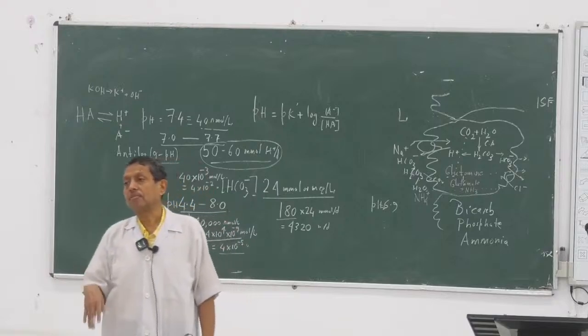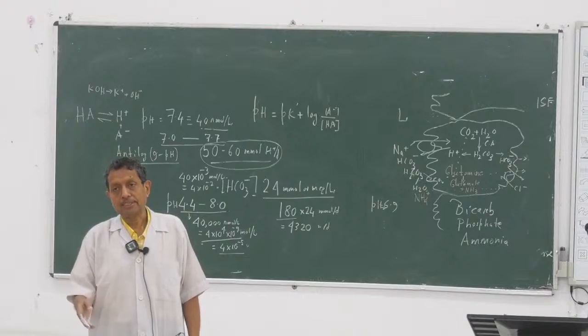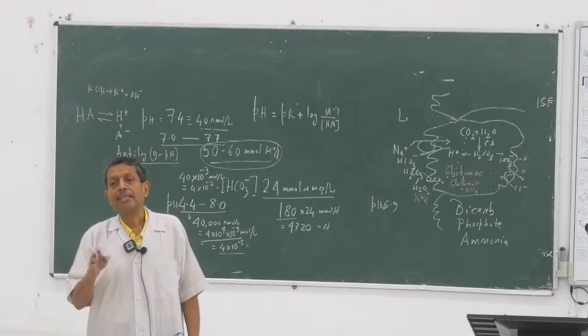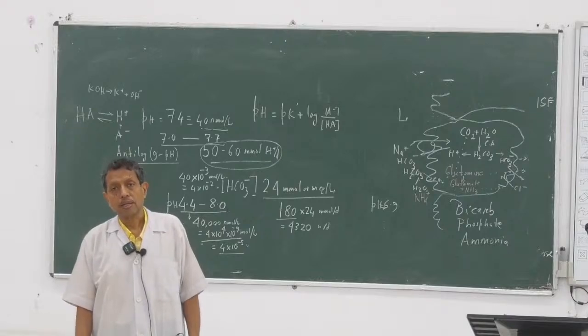Some weak acids, organic acids also, or weak alkalis, weak bases, can pass through the lipid membrane. They are soluble in the lipid membrane.